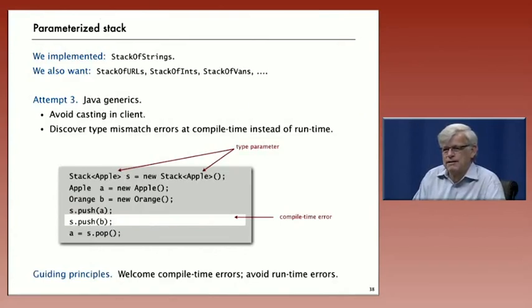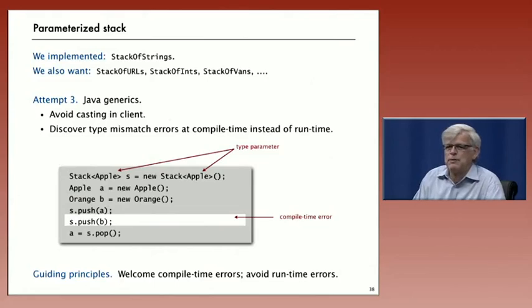So the third attempt that we're going to talk about uses generics. And that way, the client code doesn't do casting. We can discover mistakes in type mismatches at compile time instead of at runtime.